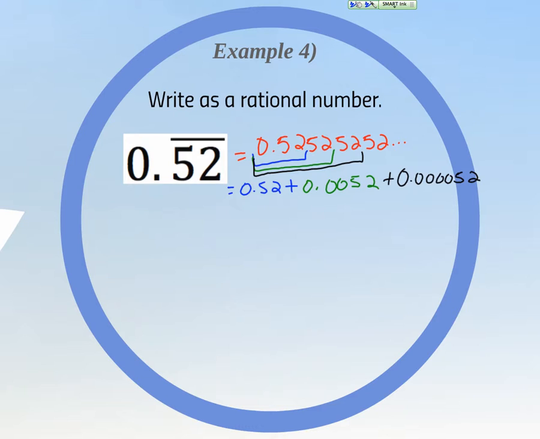And again, I did see some people using fractions and getting the right answer. Not using decimals and getting the right answer. I just caution it. So what's this one? 52 hundredths. So this one, it's tenths, hundredths, thousandths, 10,000ths. So I've got 52 10,000ths.